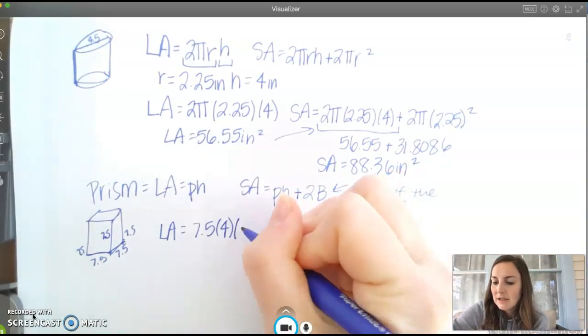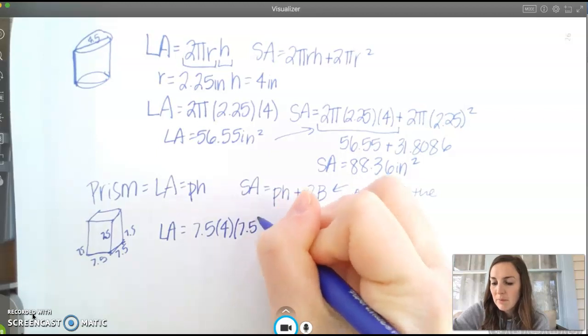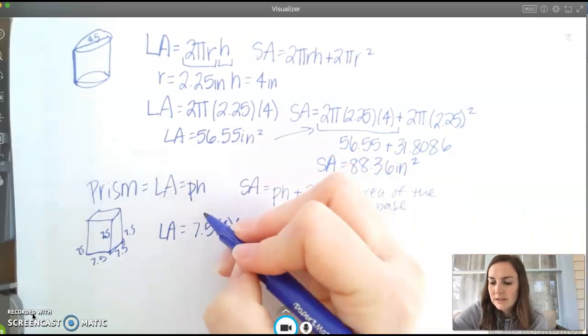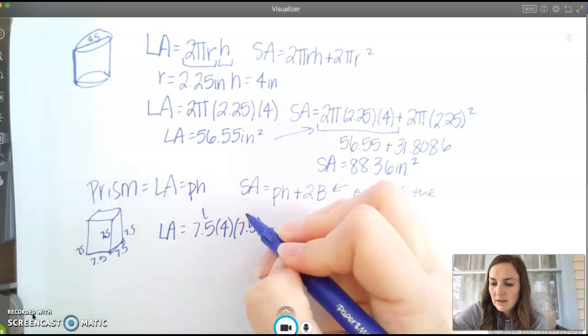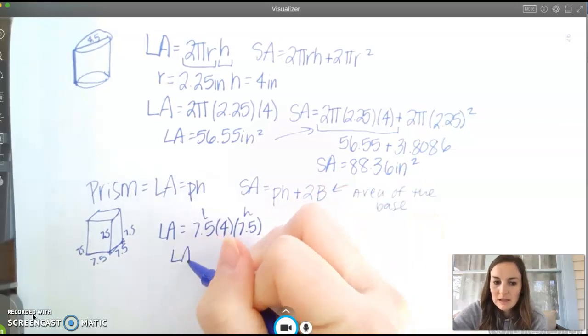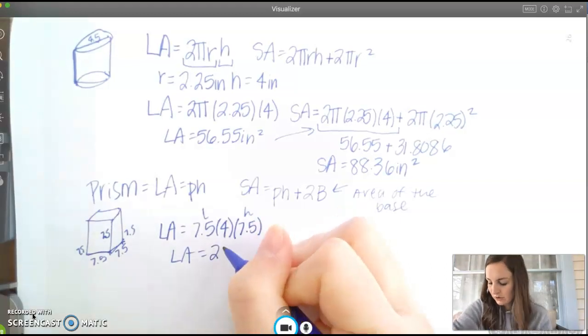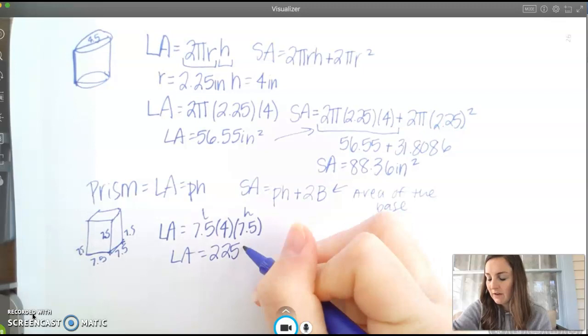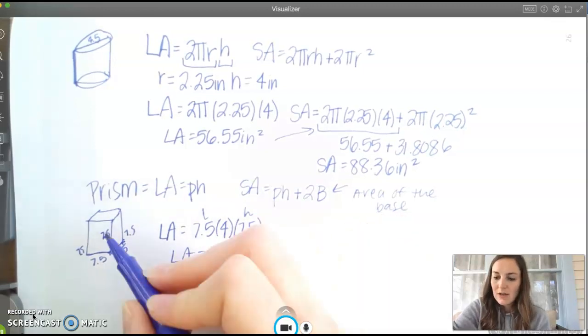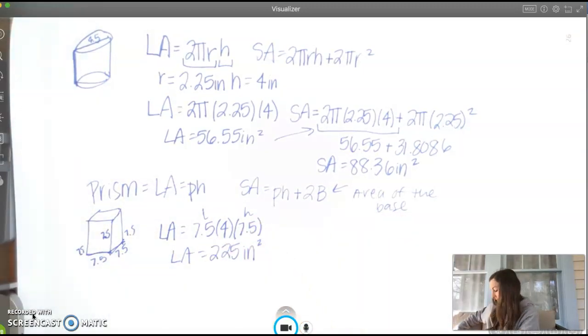And then my height is also 7.5. So again, this is my length and this is my height. So my lateral area here is going to be 7.5 times 4 times 7.5. And so my lateral area is 225 inches squared.